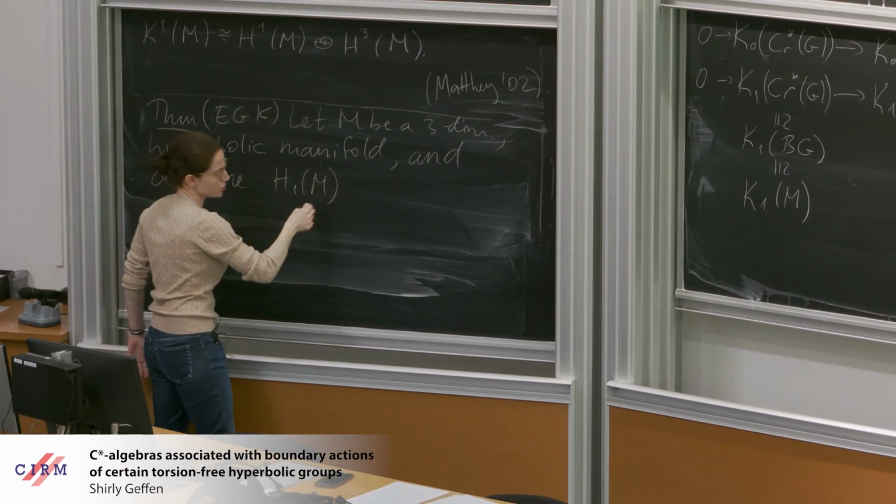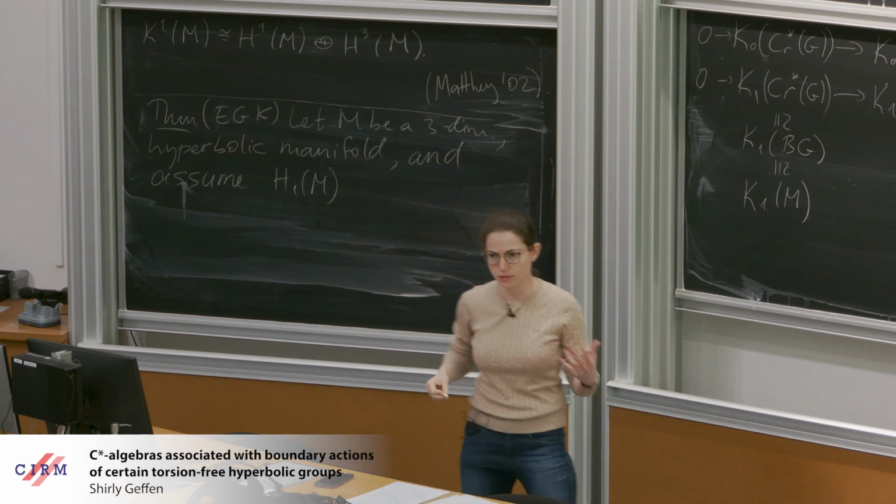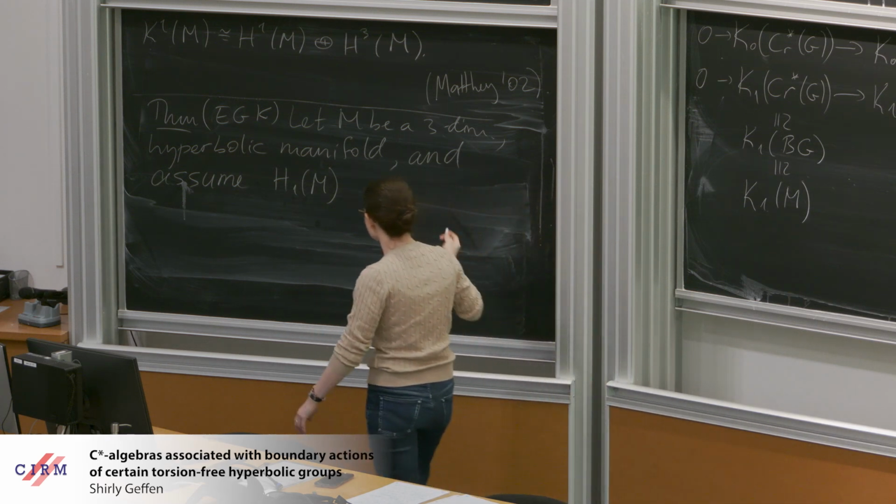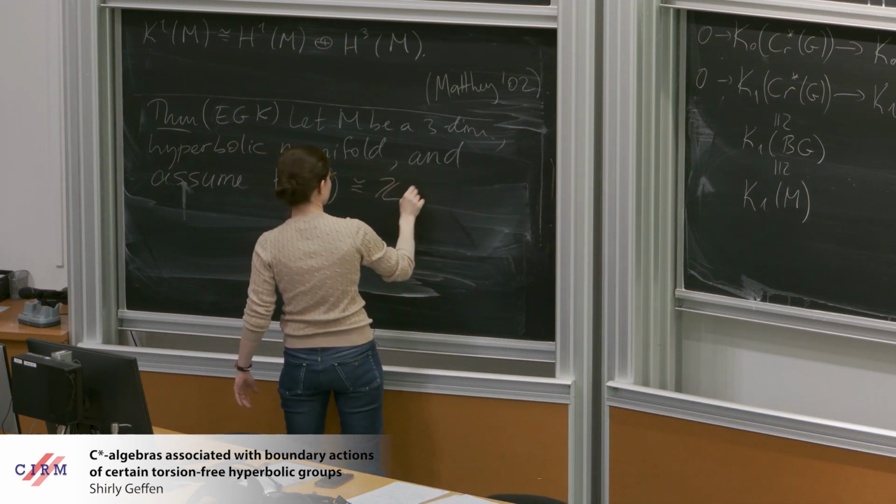Since this is a finitely generated abelian group, this essentially means H1 of M is just Z to the D for some D.